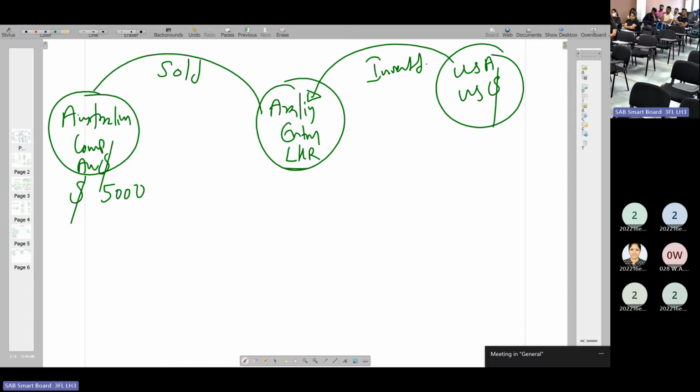What do you mean by functional currency? The currency in which that particular business environment operates. The currency used in the business environment or territory. Don't misunderstand the business environment.